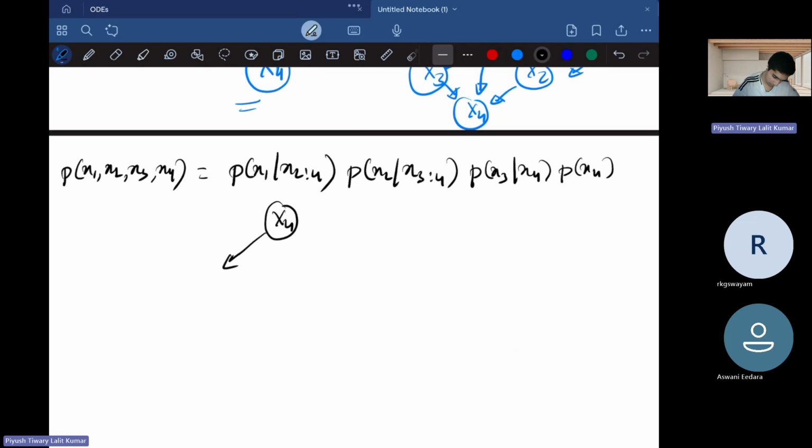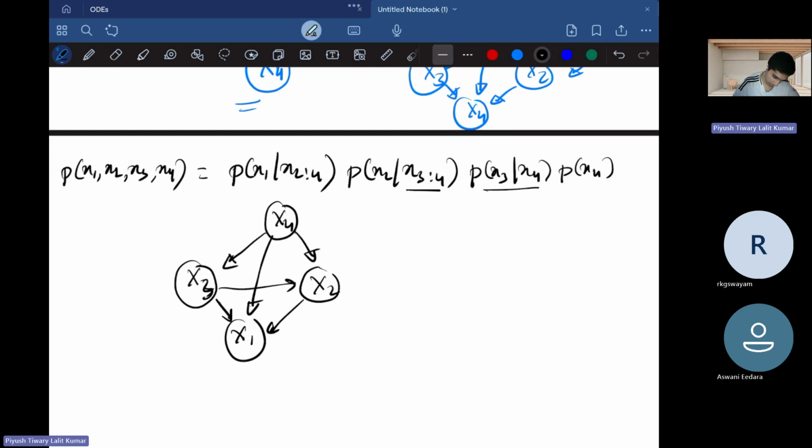Sorry, first you will have x3, so x4 is influencing first. X3 is only influenced by x4. Then you will have x2, which will have incoming edges from both of these two nodes, and then you will have x1, which will have incoming edges from all of the other nodes, something like this.